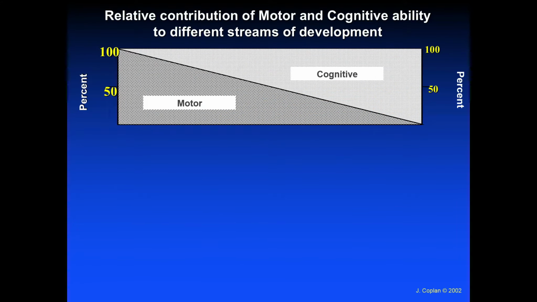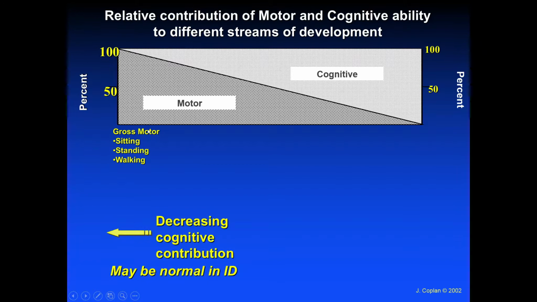We left off with this figure last time, which shows in a visual way the relative contribution of motor and cognitive ability to the emergence of various milestones. So over here are milestones that are essentially 100% motoric with little or no cognitive input, and over here are milestones that are purely cognitive with virtually no motor contribution at all.